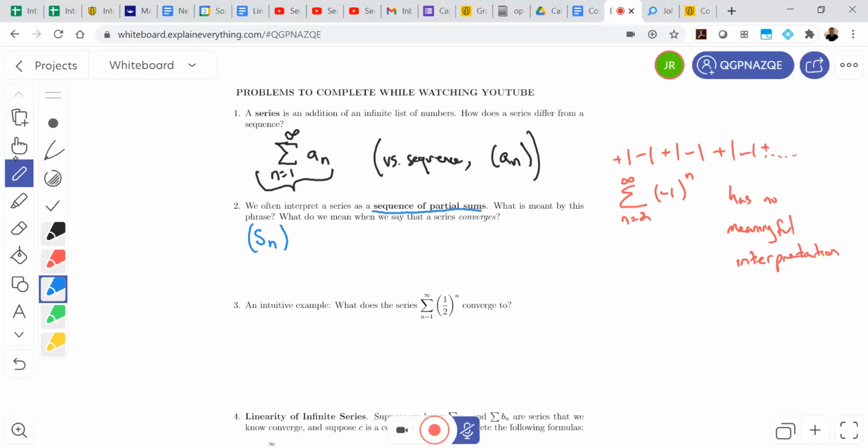It was specifically of the form in which S sub n was equal to the first n elements of our series all summed together. I'm going to be a little careful with notation here. Let's say the sum as j goes from 1 to n of a sub j, so I'm not double dipping with the letter n.